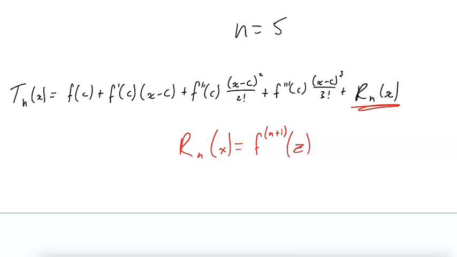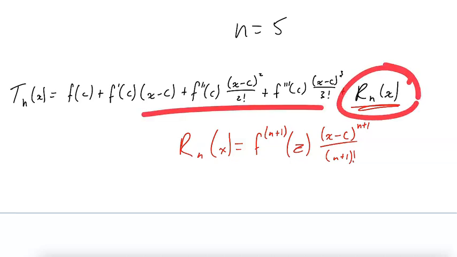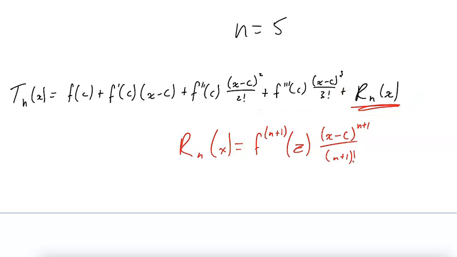The weird thing here is it is at some value z, but the next derivative would be x minus c to the n plus 1 over n plus 1 factorial. Now he said this value of z is something that I don't know how to find. I know this has to be the case because no matter where I stop, I should be able to add something to it to get an exact result.